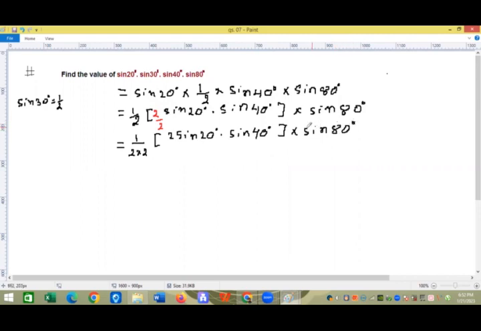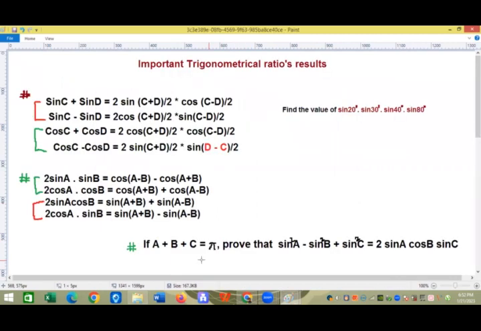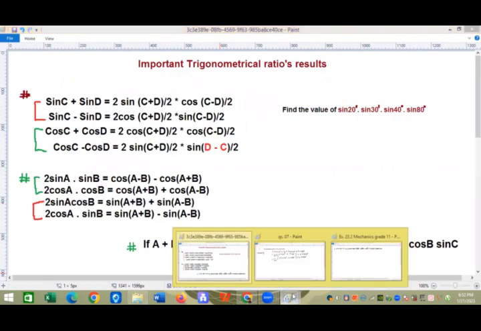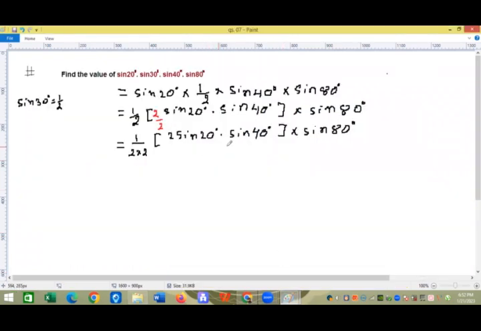Now look back to the formula that it was here. So this formula you can see here. We require the 2 sine A sine B form. All right. So here we have 1 by 4. You can say this as A and this as B, so this is in that form.